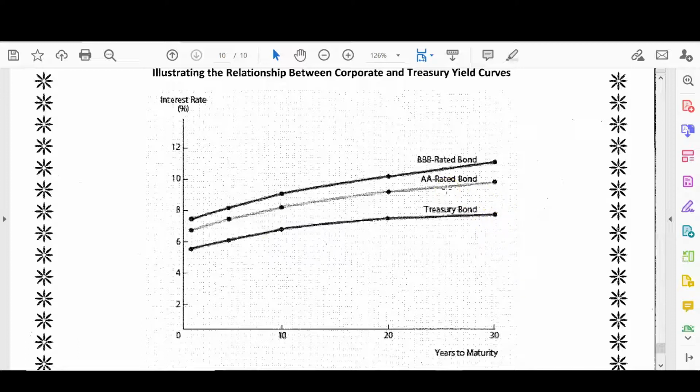The AA rated bond is riskier and has DRP and LP, and its rate of return is higher than the treasury bond. The BBB rated bond has the highest DRP and LP, the highest yield spread, and the highest interest rate because of the highest liquidity risk and default risk.